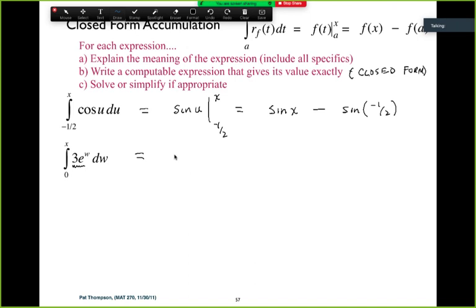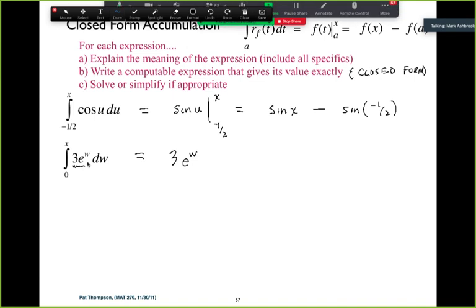Remember that exponential functions are special; they have their own derivative, right? So the derivative of 3e to the w is 3e to the w, and so the antiderivative is 3e to the w. Okay? We're going to do that from 0 to x.